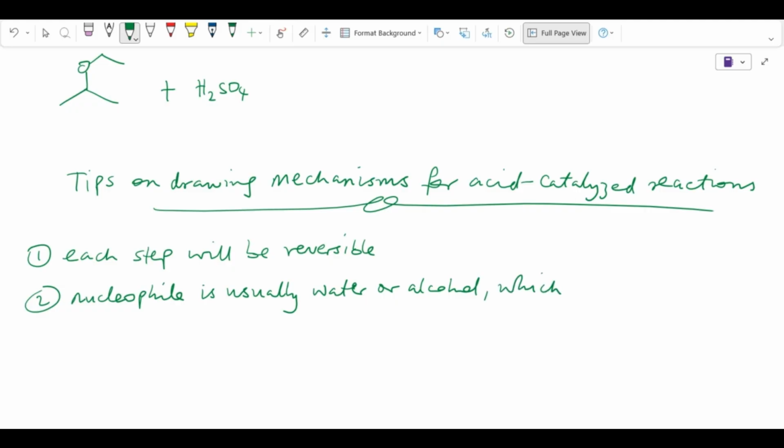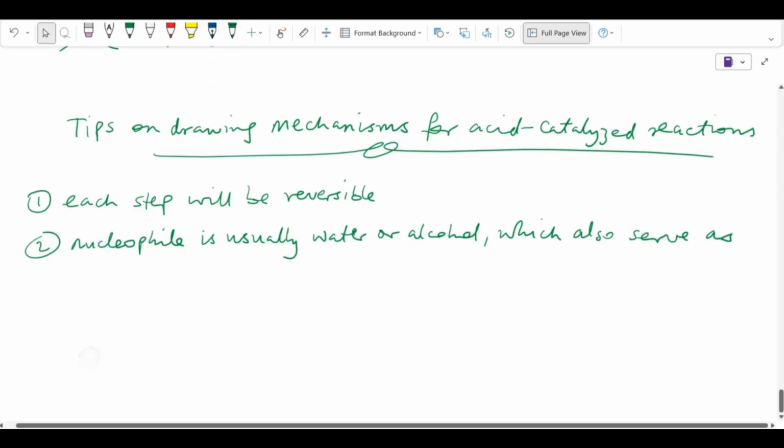And the nucleophile, the water or alcohol, usually will also serve as the solvent.